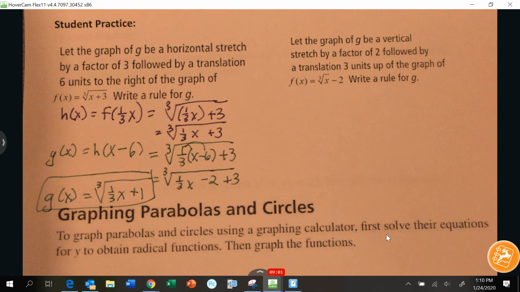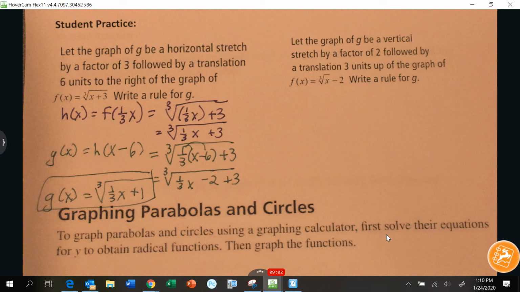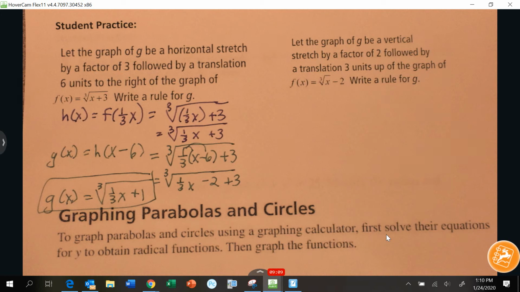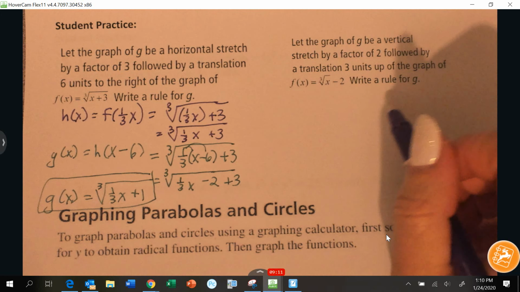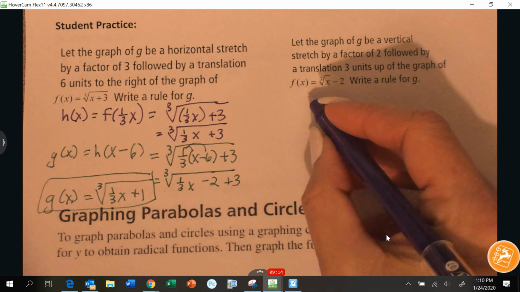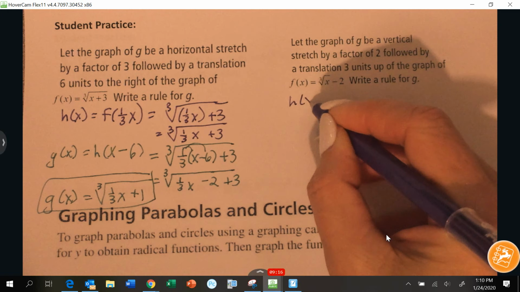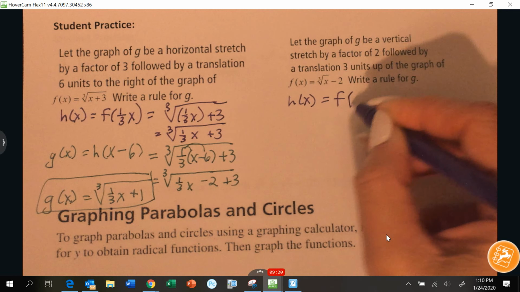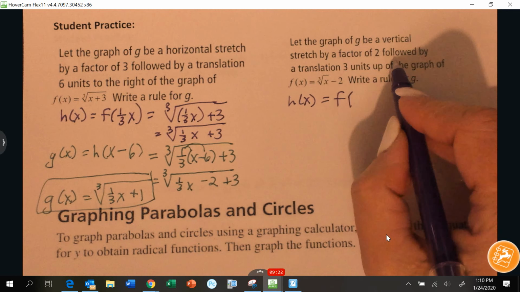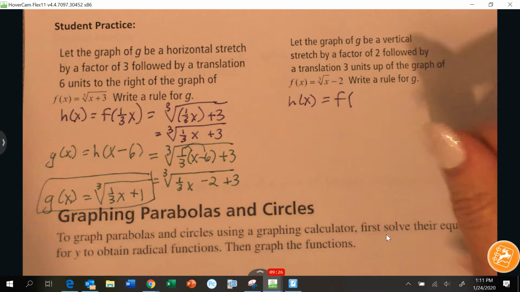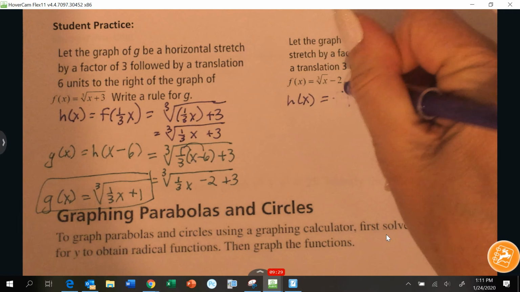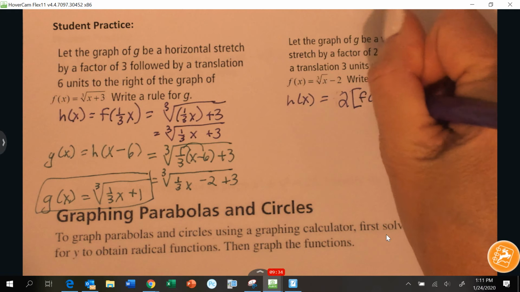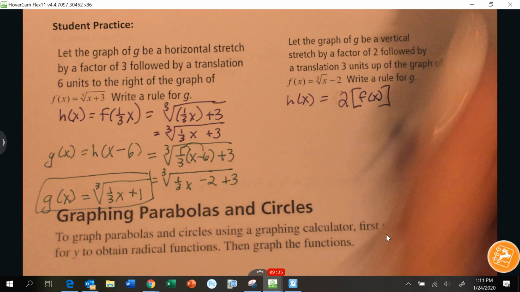All right. Let the graph of g be a vertical stretch by a factor of 2 of the cube root of x minus 2. Write a rule for g. First part, h of x. We're going to take our f of x, and I am going to start with 2, and then multiply f of x by that 2.